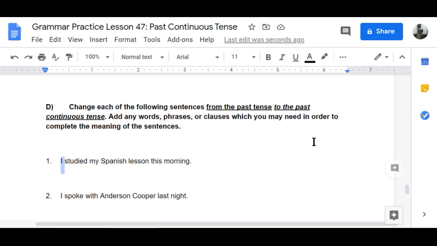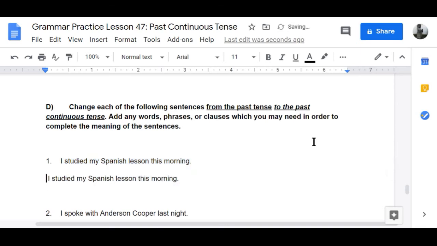1. I studied my Spanish lesson this morning. So I'm gonna copy and I'm gonna paste, and then we're gonna change the simple past verb. I was studying. Okay, the first thing, guys, I studied becomes I was studying what? My Spanish lesson this morning. Then, guys, you have to complete.